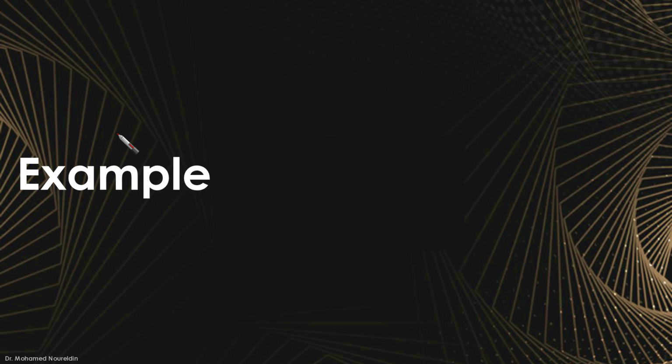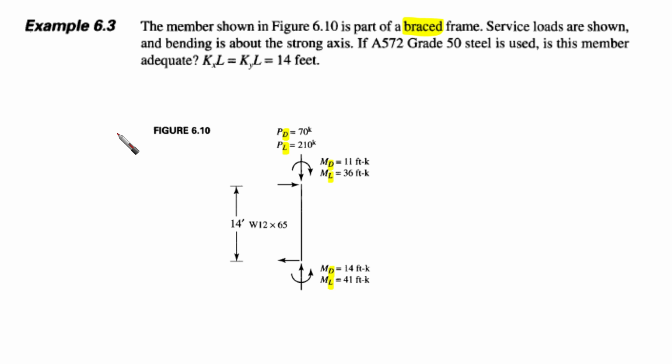Okay, now let's go to the last part, which is the example, and let's see how we are going to proceed with this example. The member shown in this figure is part of a braced frame. Take care of this. Braced means what? Yes, exactly. Two points are not going to move relative to one another. They are braced in some way. Service loads are shown.